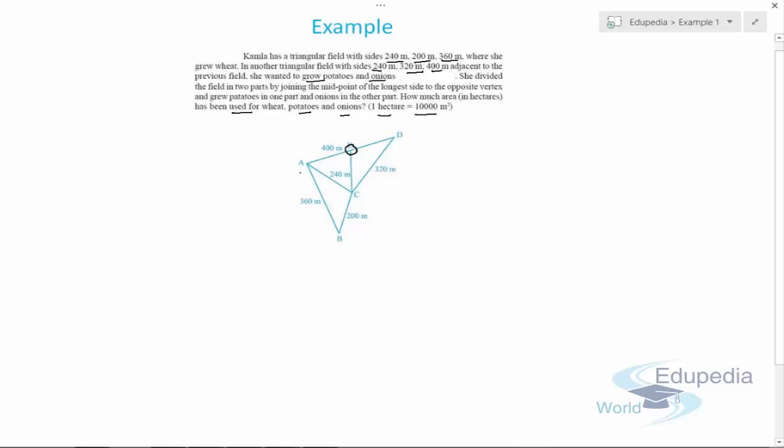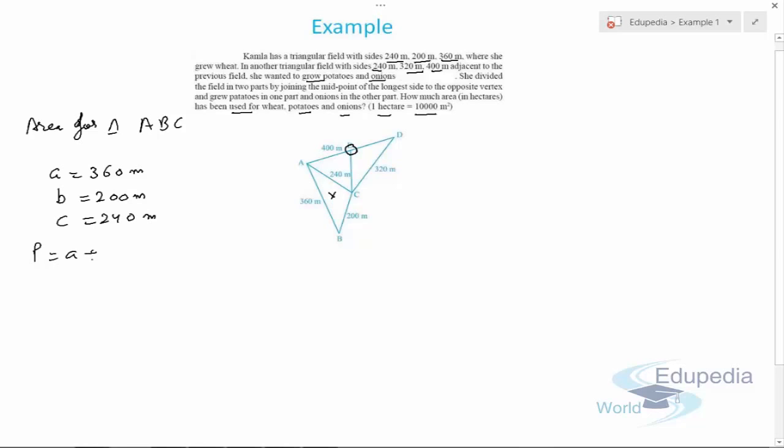Right, now first let's find the area for this part, so the area of triangle ABC. In this triangle ABC we have one side, let it be A, 360 meters, another side B, which is 200 meters, and C, which is 240 meters. Now the next step is we need to find the perimeter.